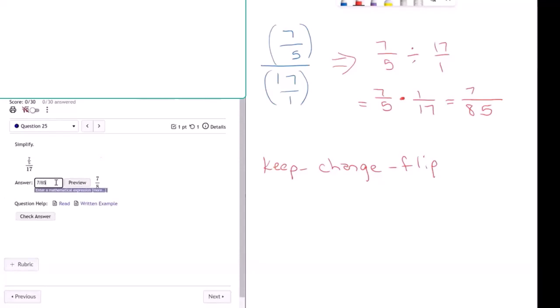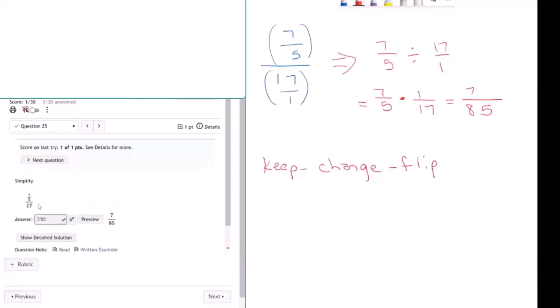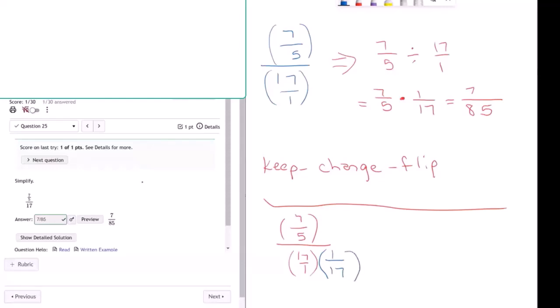For anybody who wants to know, I'm going to actually show you why that works. Now seems to be a very good time. If I have 7/5, I divide it by 17/1. Now, this is a fraction over a fraction. I don't want that. But I can multiply this by 1/17 because that gives me 17/17, which equals 1.